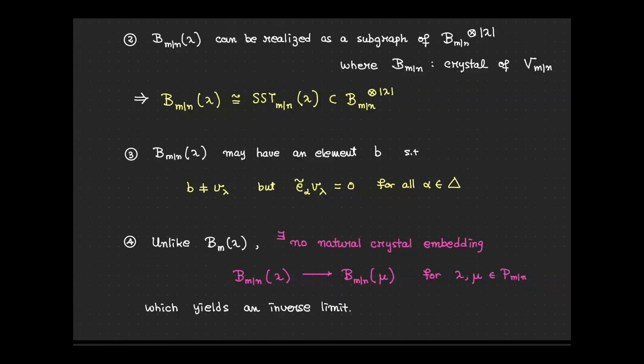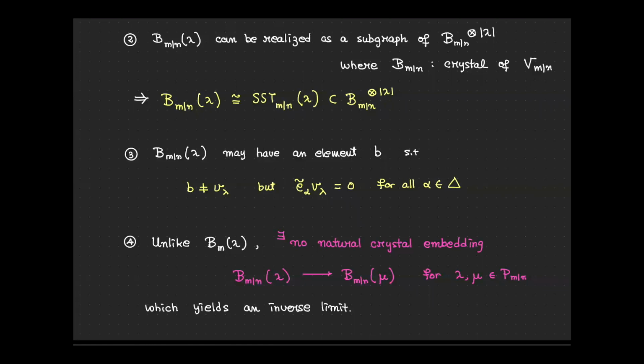But here in this case, as far as I understand, I don't know of a natural partial order on the set of hook partitions which gives an embedding of crystals associated to these highest weights.